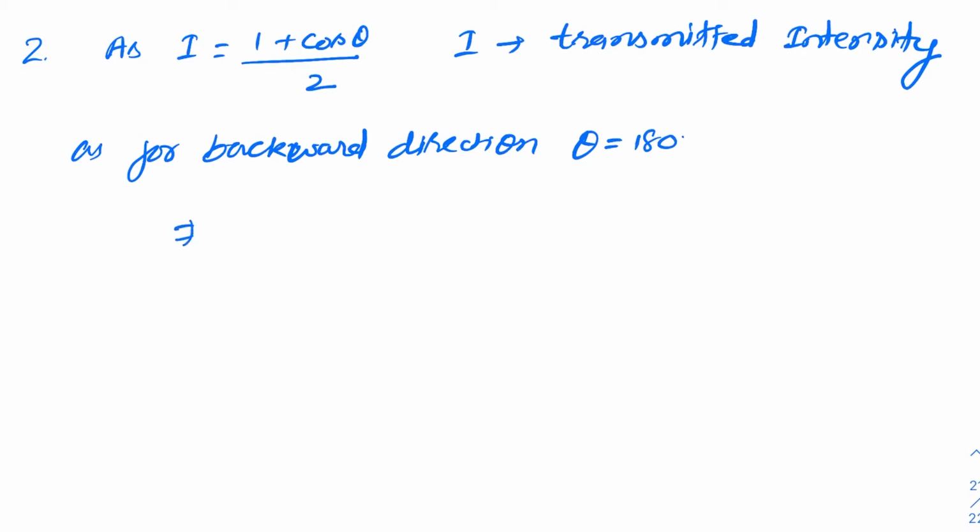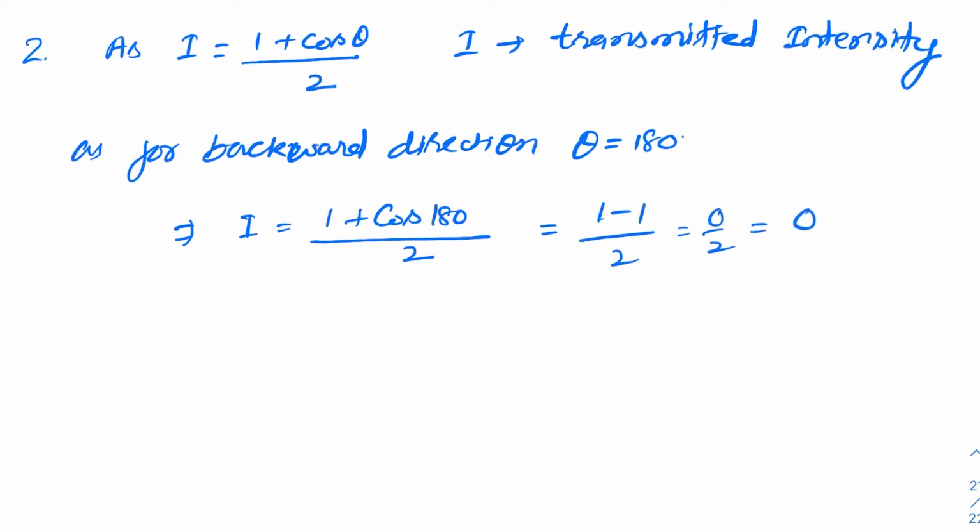This implies that I = (1 + cos 180°)/2. And we know that the value of cos 180° is -1. So the answer will be (1 - 1)/2, which means 0/2. It is 0. And hence no intensity or no light is transmitted in the backward direction.